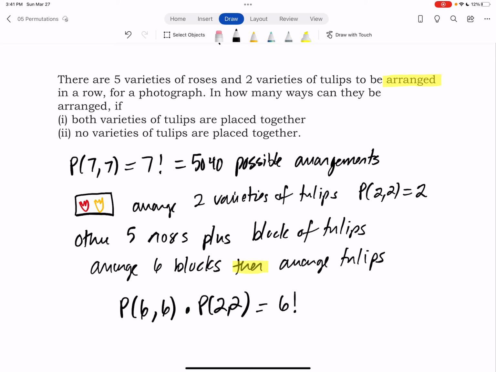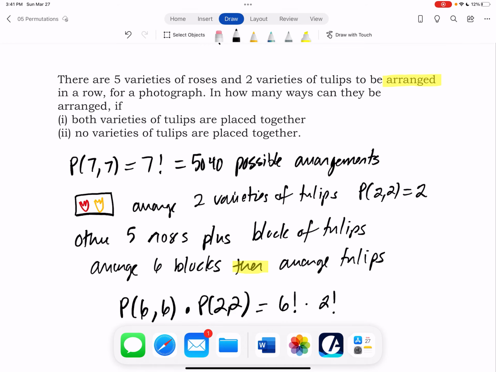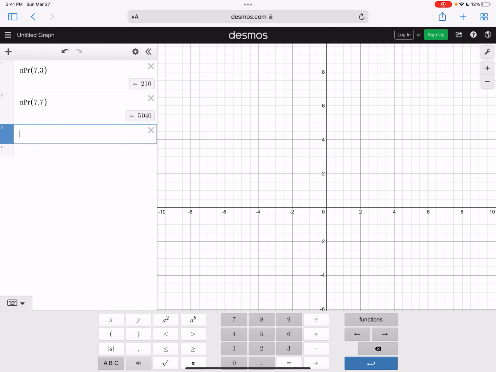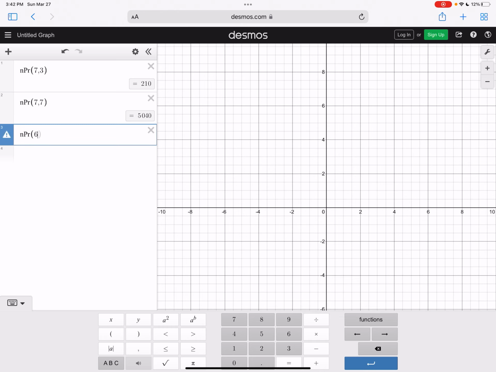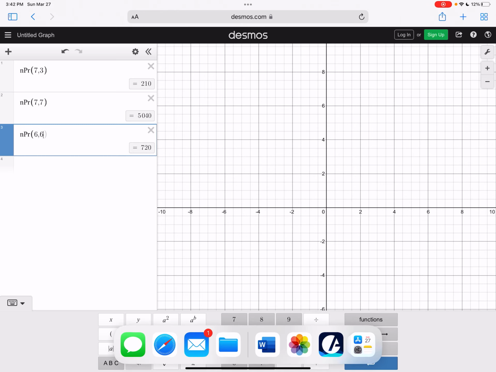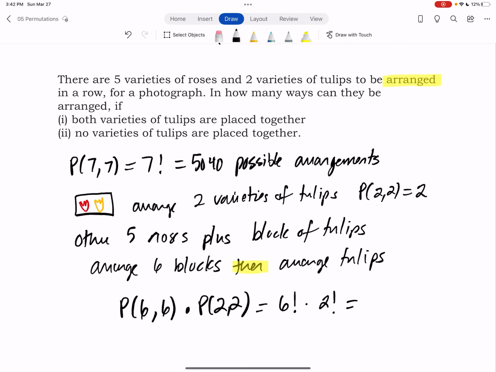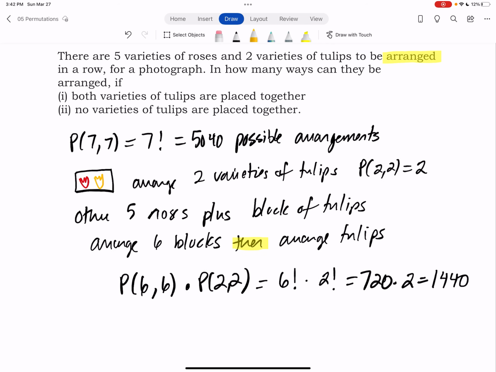So this is 6 factorial times 2 factorial. 720 times 2. So this is 1,440. And these are arrangements where the tulips are together.